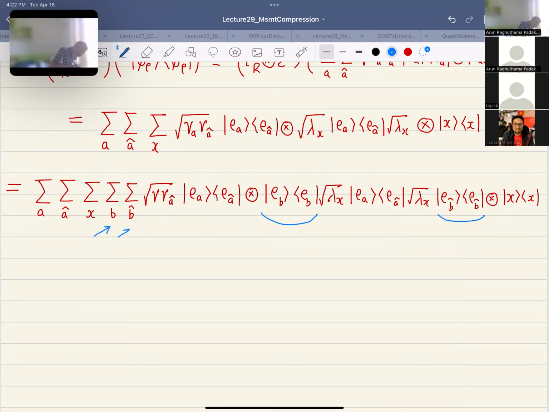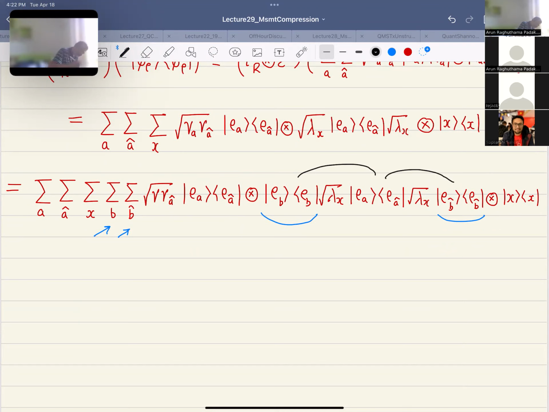Okay, that's all I'm doing. Why am I doing that? Because I'm going to try and move this scalar and this scalar out to the left.